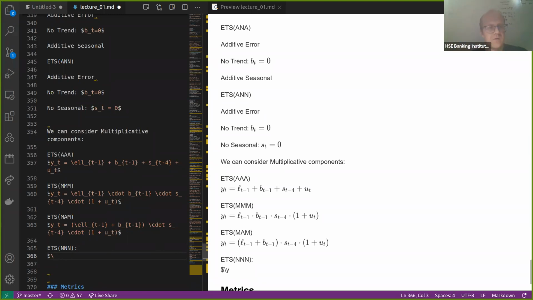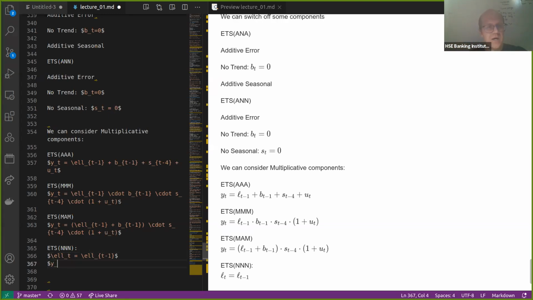You will have LT is equal to LT minus 1 plus no B plus no noise, and YT will be equal to LT minus 1, no seasonal effects, no trend, no noise. So we do not use such a model because it's wrong for every time series possible except a constant series.